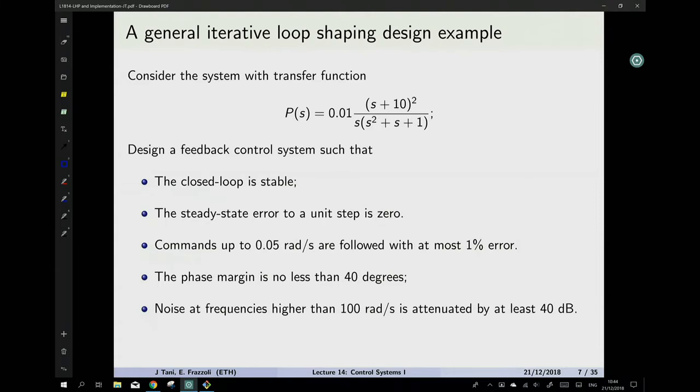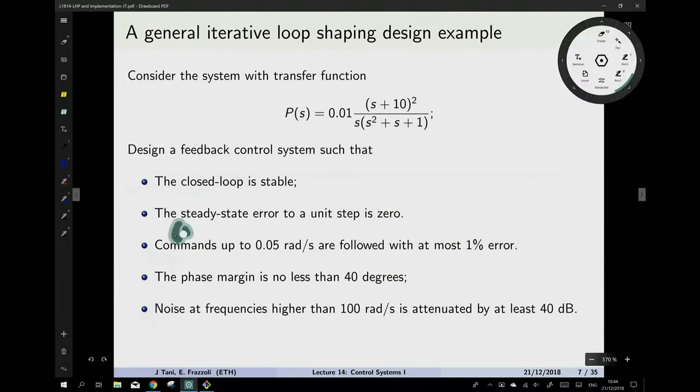So, okay, we are given a plant like this, and somebody comes to us and says, we want it to be closed loop stable. We want the steady state error to be whatever. In this case, it's 0 for a unit step. We want commands, remember, commands here is a way to say the reference signal up to some frequency has to be followed with at most 1% error.